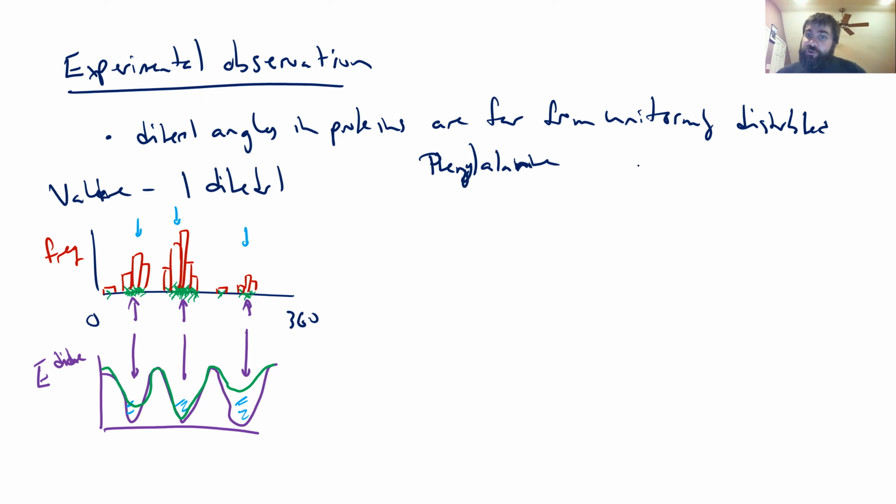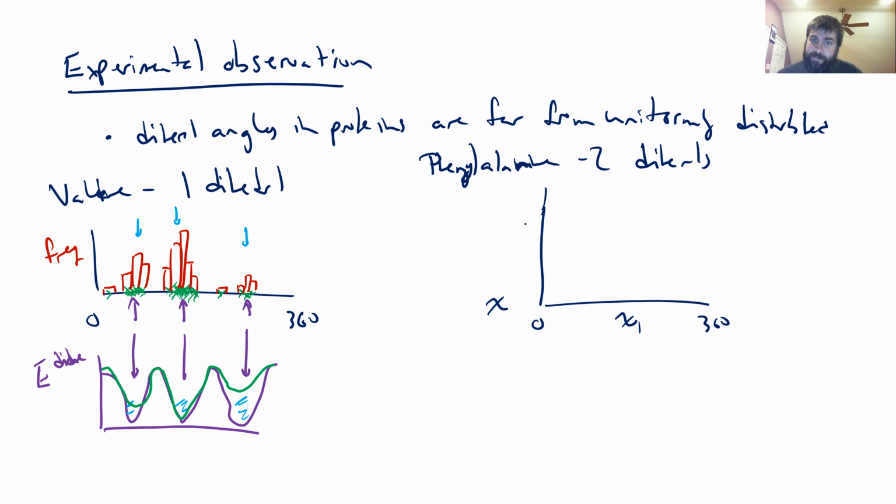Phenylalanine has 2 dihedral angles, and the same thing is observed if we plot one dihedral angle from 0 to 360 and another dihedral angle from 0 to 360.